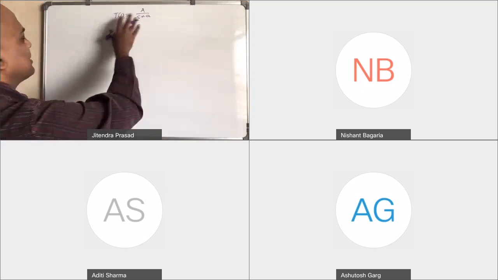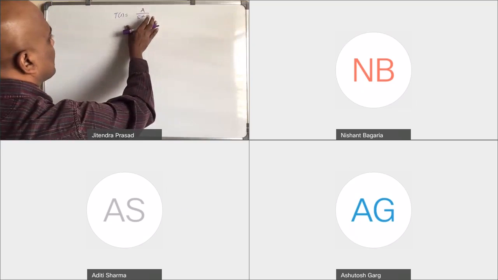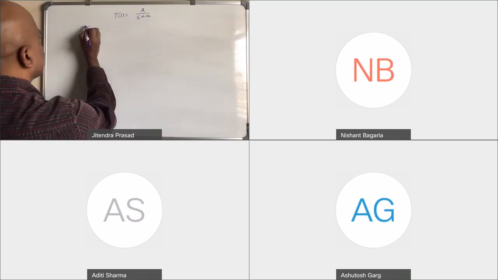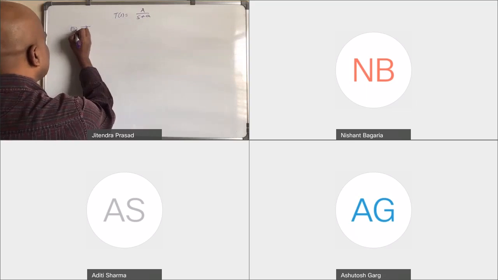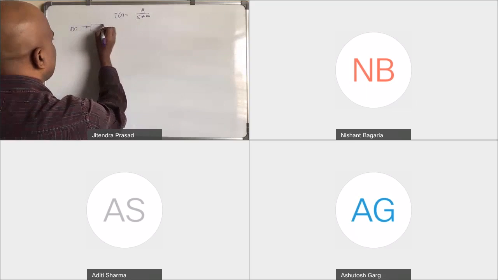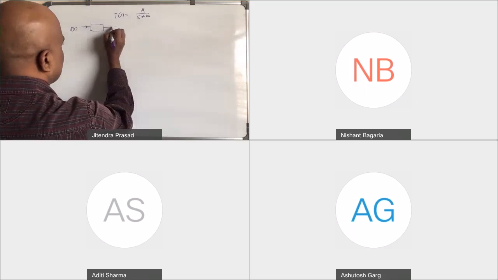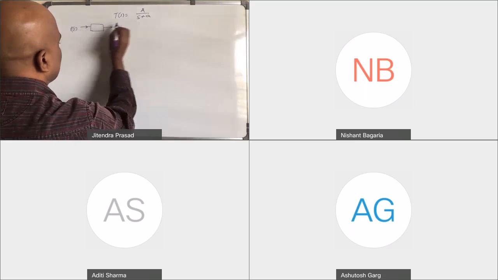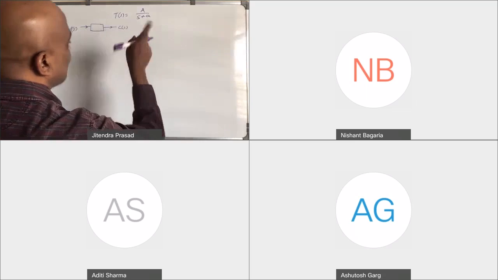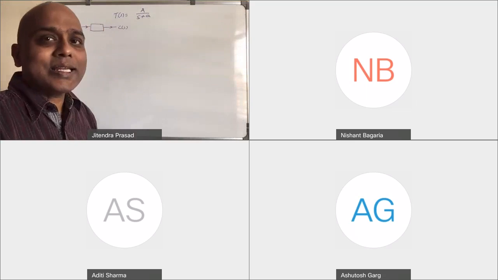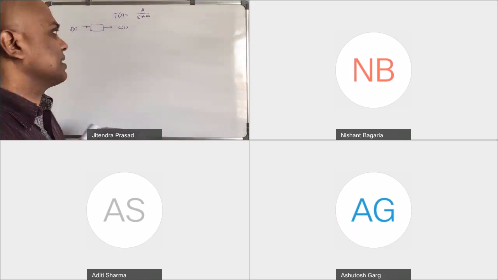Whatever reference value you give as input, after a long time CS should match RS, so the steady state error should be 0 in that case.